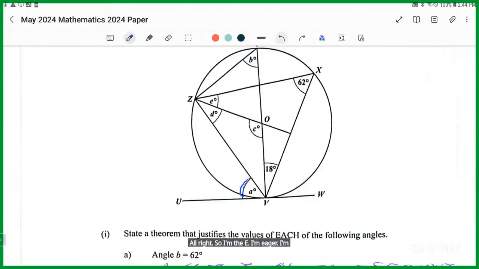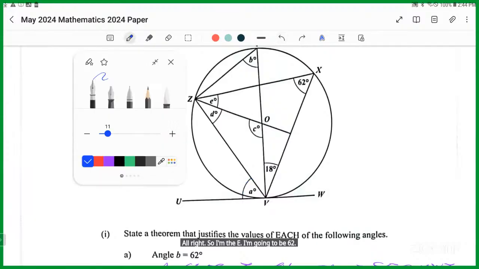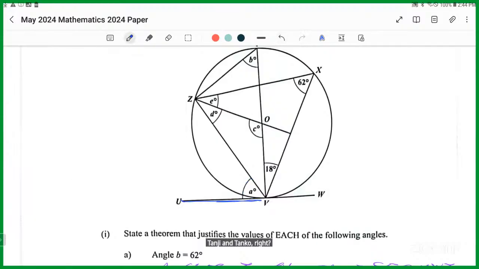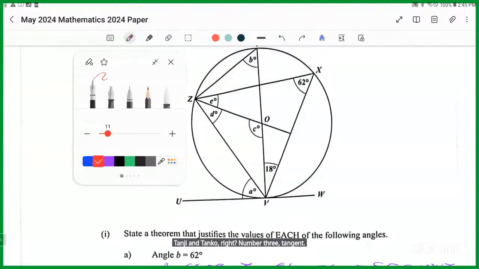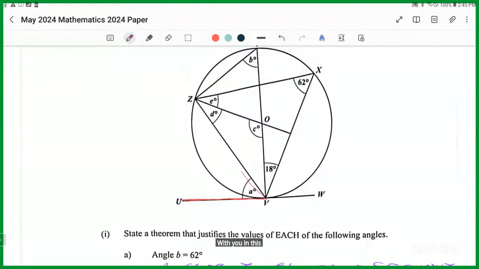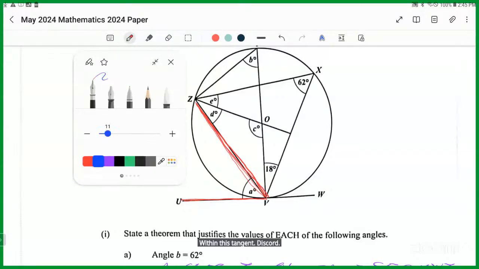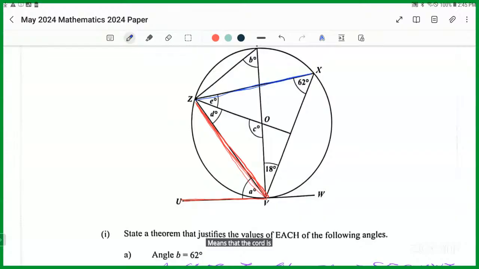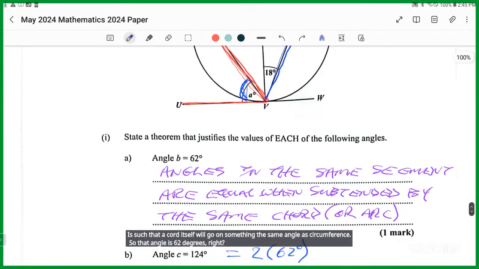Anybody can see that. Tangent and chord, right? Angle between this tangent and this chord means that the chord is going to subtend the same angle at the circumference. So this angle here equals this angle here. Angle between a tangent and a chord is such that the chord itself will subtend the same angle at the circumference. So A is 62 degrees.